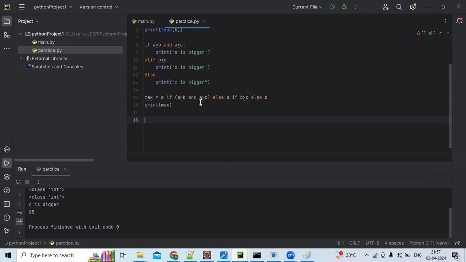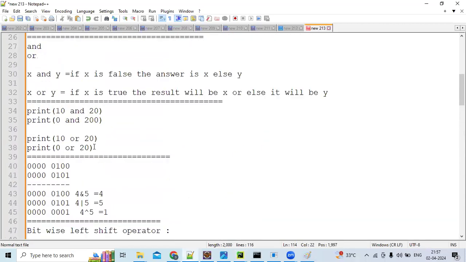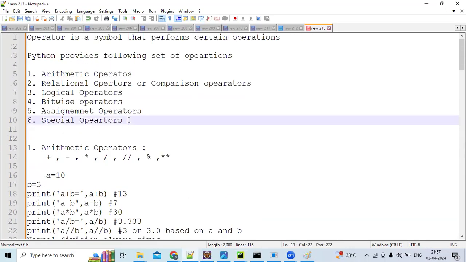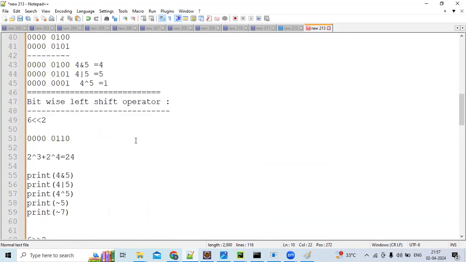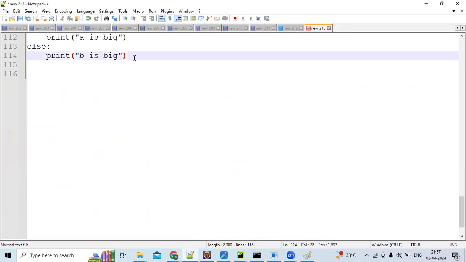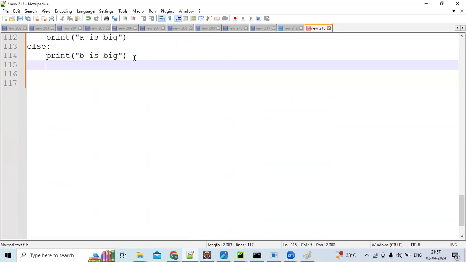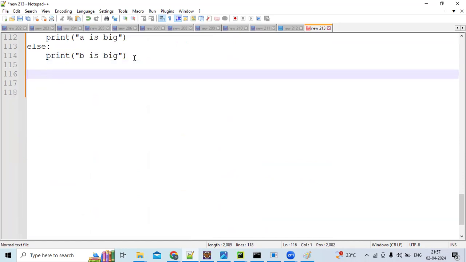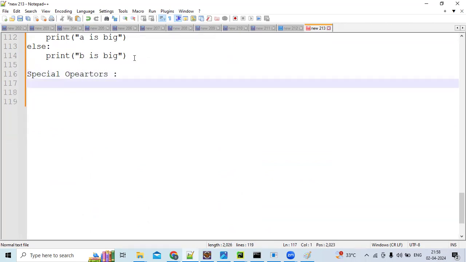Okay, now guys, now there are special operators. What is that? See the special operators. What are special operators, by the way? In special, we have 2 types of special operators. What is that? Can you copy that terminal operation?